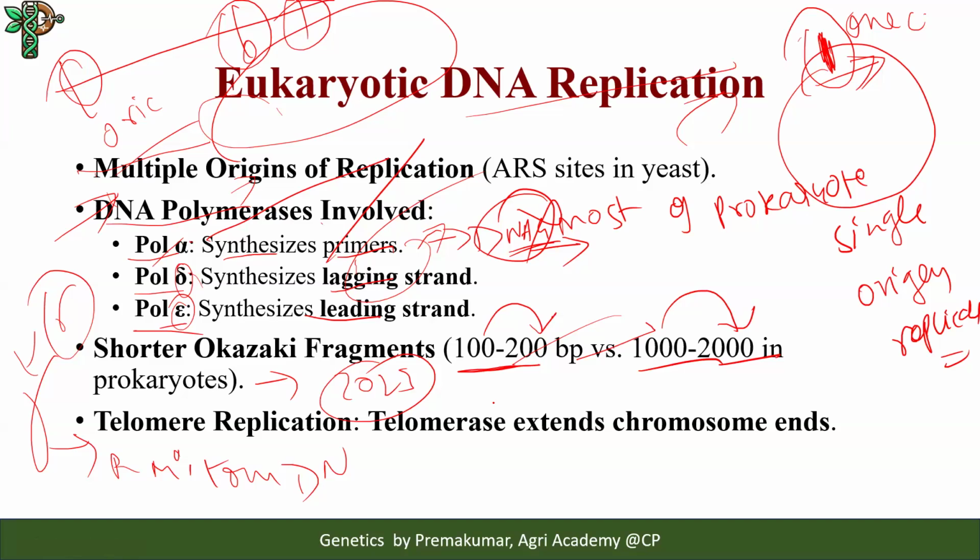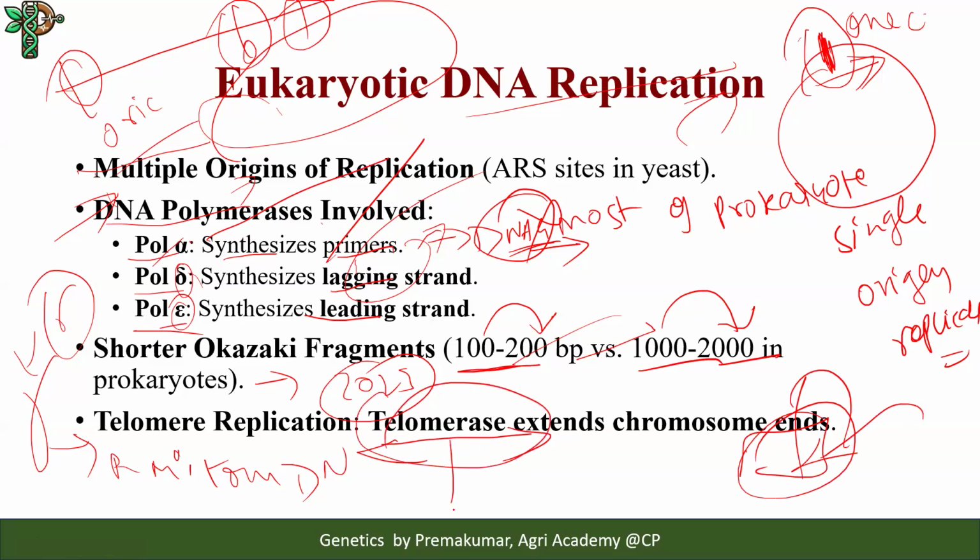And termination also. In prokaryotes, ter sites are there, and the Tus protein will come and block the replication event, and replication will end. But in eukaryotes, we have a different problem called the end replication problem, which can be solved by the enzyme telomerase.